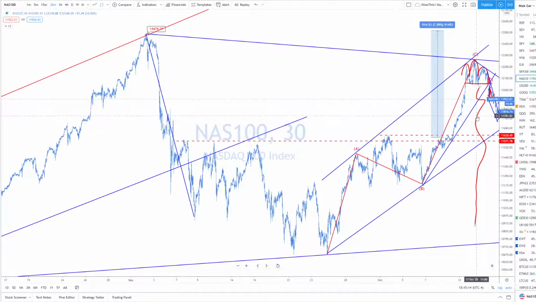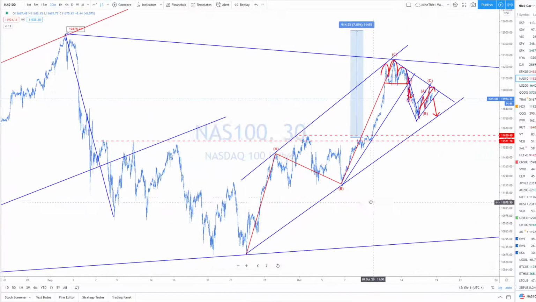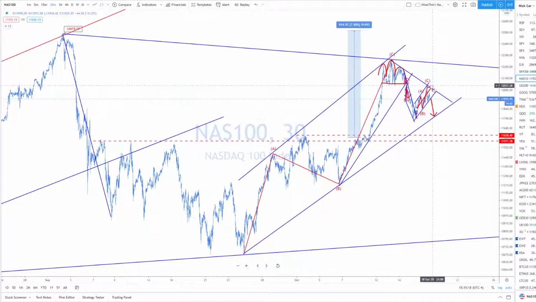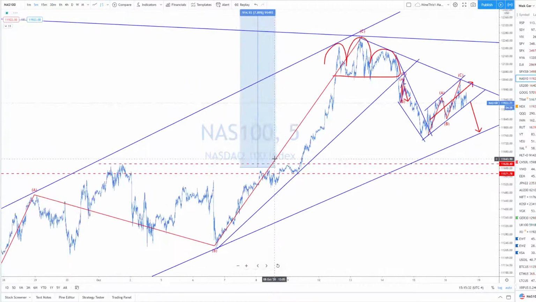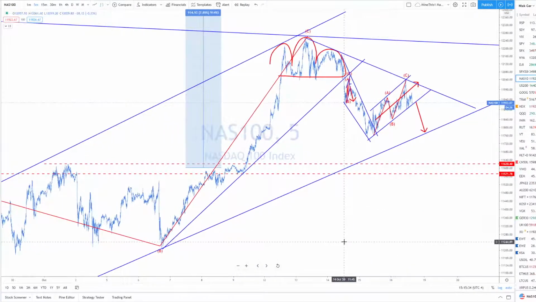And sure enough, you got the drop, you got the pop, and now you're getting the next drop. This looks more like it's ready to go down, not when it was going straight up. Okay, just keep that in mind. If it looks funky, then you're just not seeing whatever you're not seeing.